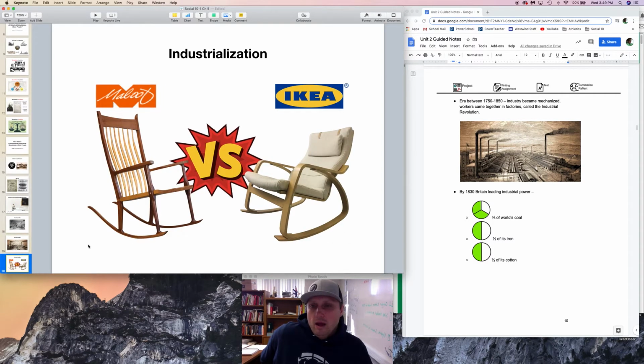Okay, one kind of modern example, which is kind of fun, is these two chairs. On the left here you see a chair, which is a Sam Maloof. Maloof is his name.